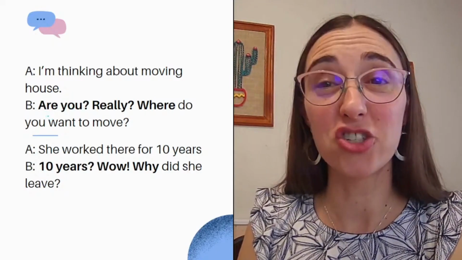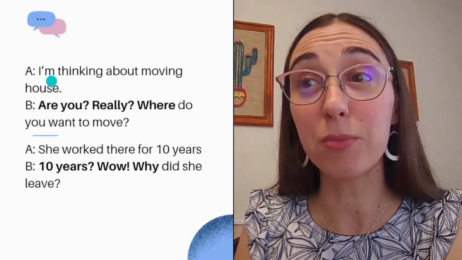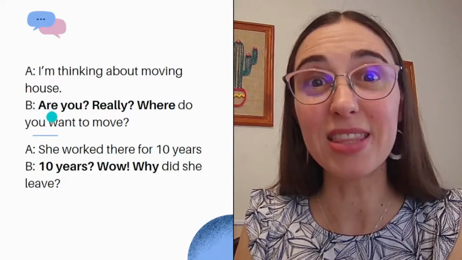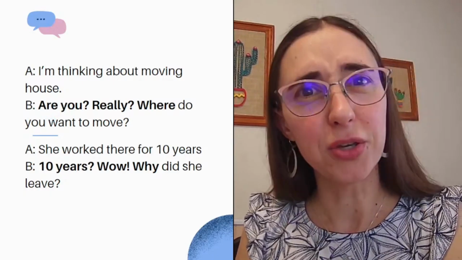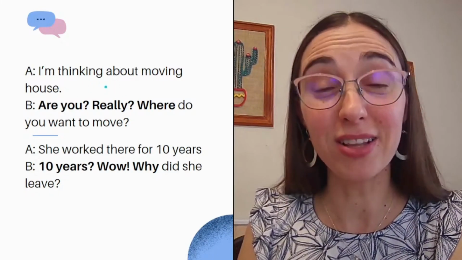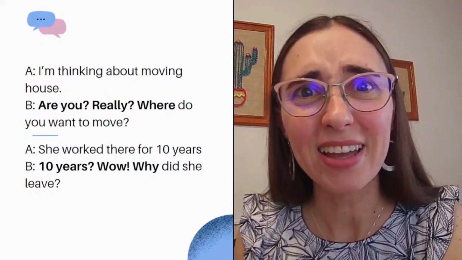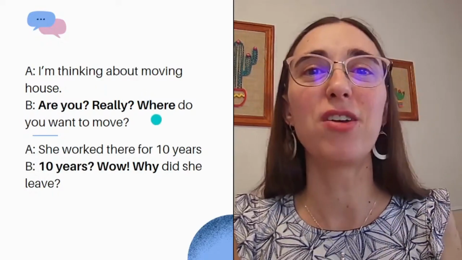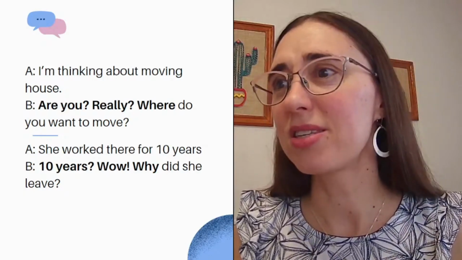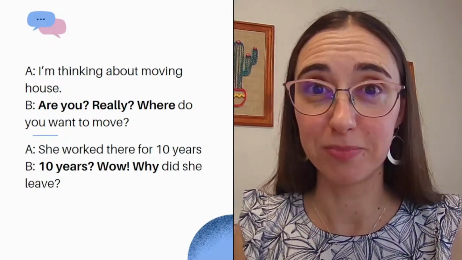It's an echo question. So it says, I'm thinking, present continuous to refer to the future. You need to use the verb to be in that echo question. Are you? And then this, a short verbal affirmation. Really? And then you come up with a WH question, any question that you want. For example, in this case, where do you want to move?